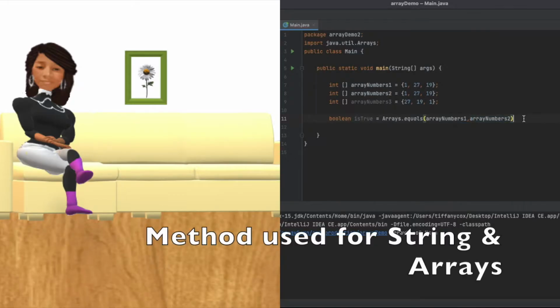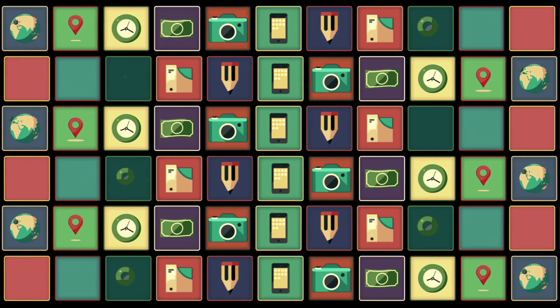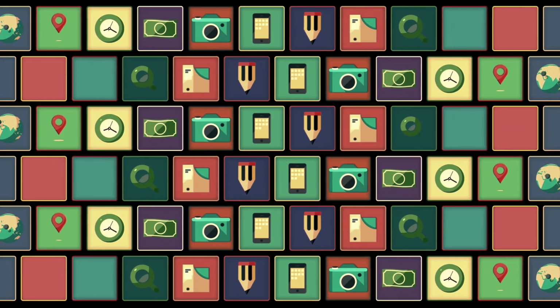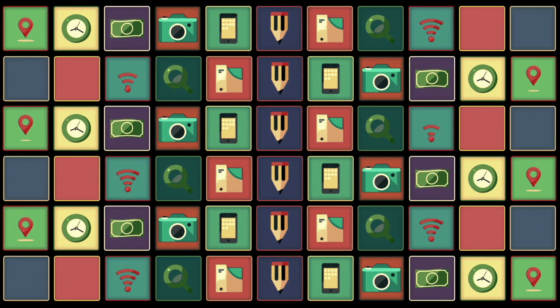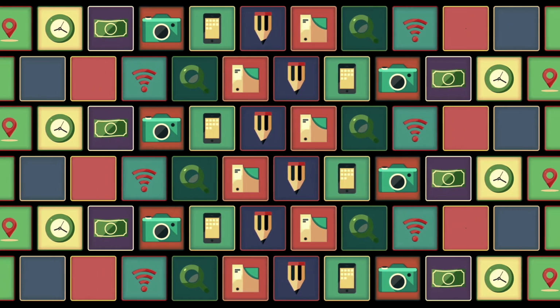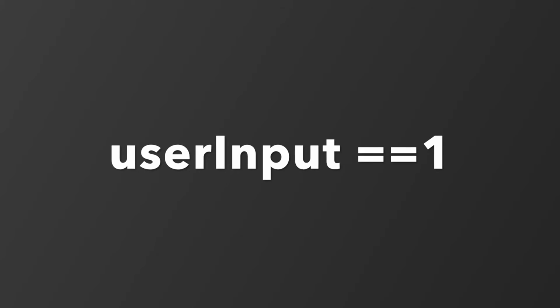I know in earlier videos we used the equals method, but the double equal operator is used to compare variable results. For example, if we wanted to write code asking the program to check if the user input is equal to 1, we would write userInput == 1.